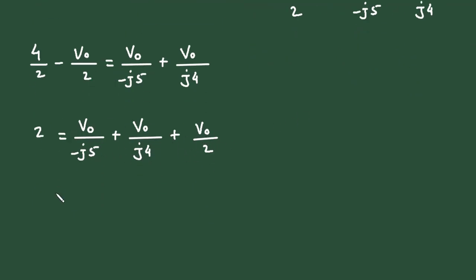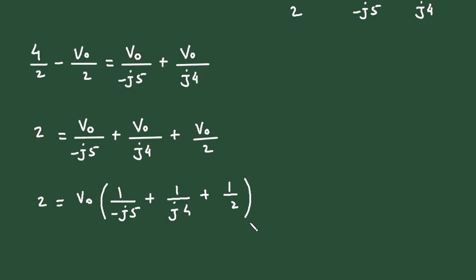Now we can take this VO common from here. So 2 is equal to VO in bracket 1 by minus J5 plus 1 by J4 plus 1 by 2.